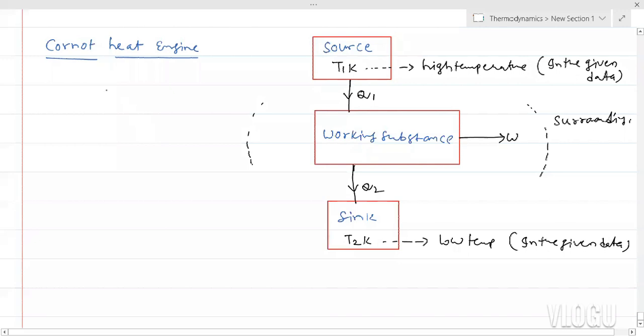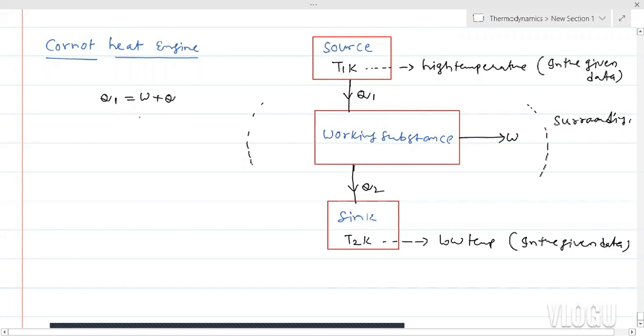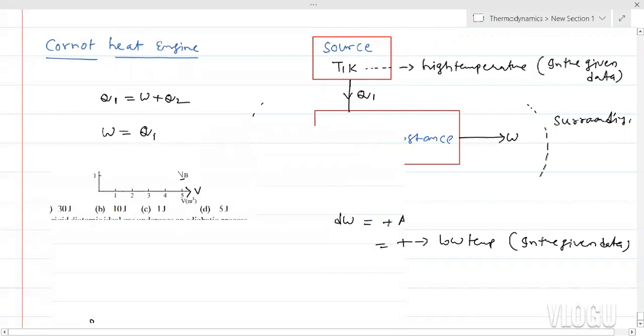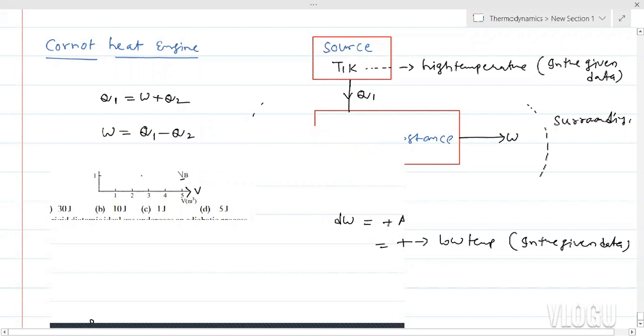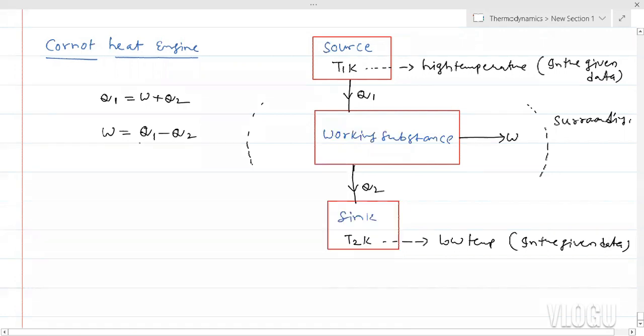According to the convention, we write the input Q1 as W plus Q2. We are taking the work done by the system as positive, so work done W equals Q1 minus Q2.